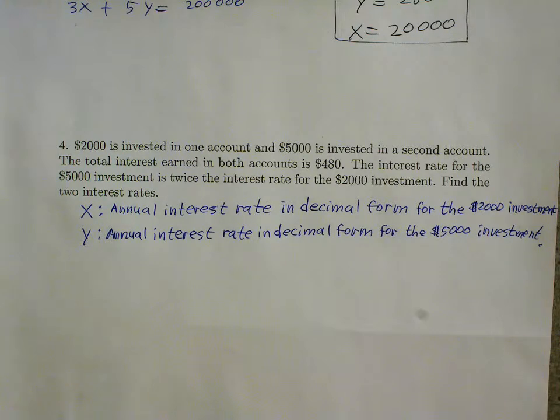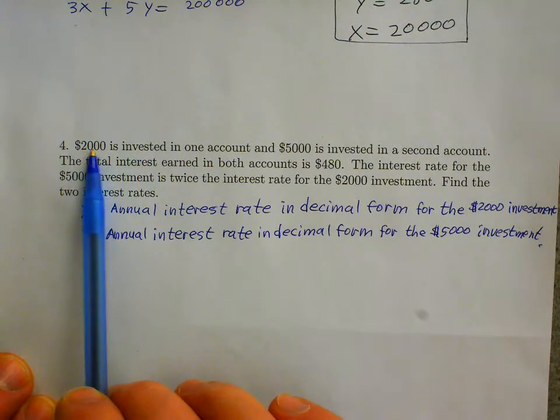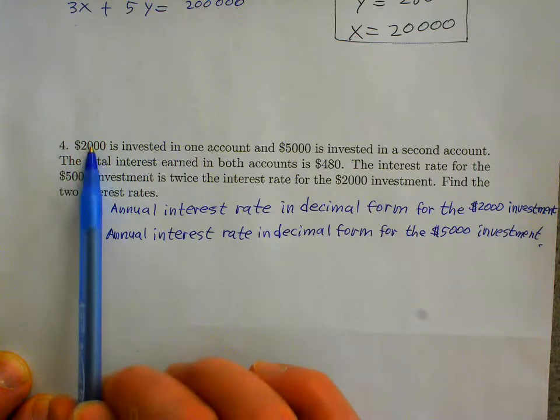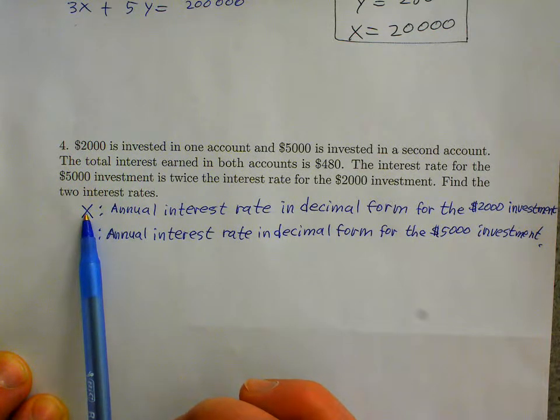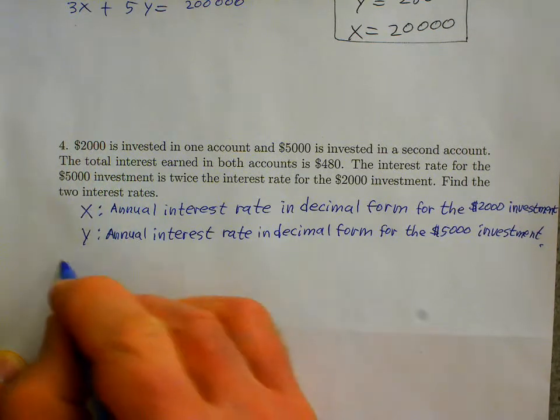The amount invested in this account is $2,000, and the annual interest rate is X. So 2,000 times X is the interest it earns in 1 year.